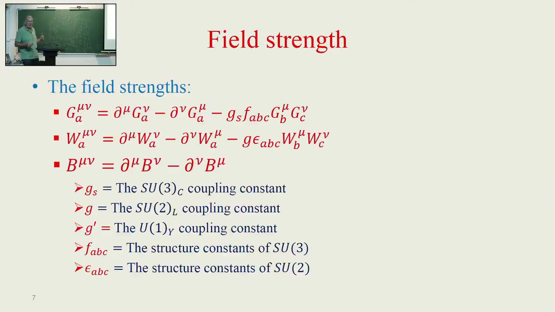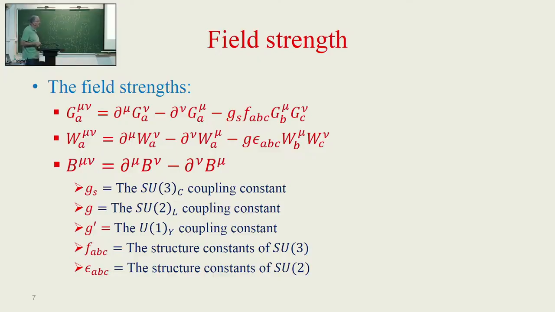We continue with the automatic procedure, the things that are forced on us, that are part of the procedure. We define field strengths for the gauge bosons related to non-abelian symmetries. There is this extra term that depends on the structure constant and has 2 gauge fields. Similarly for the W, as was in the leptonic standard model, this additional term, structure constant and 2 W fields, and the simple one for the B gauge field.